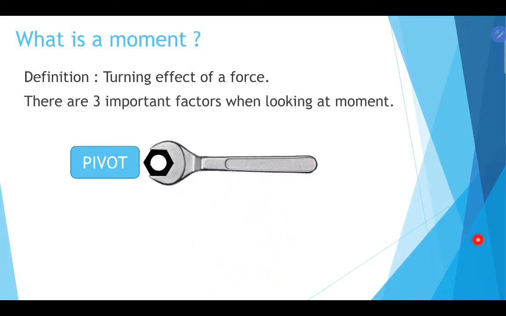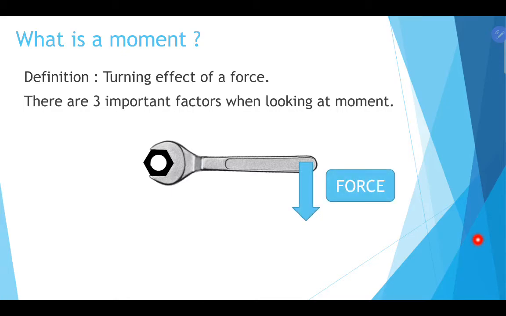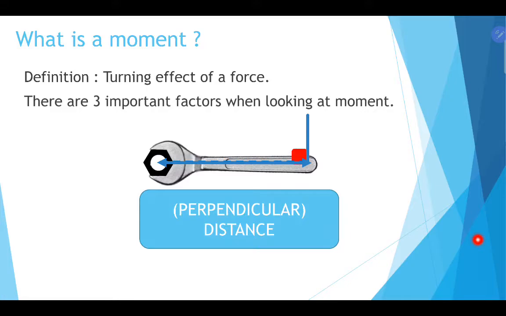For the turning effect of a force, you have three important factors to look at. One is the pivot. Basically, this is the center of where the object will turn. Two is the force. You need to apply a force for something to turn. And lastly is the distance.